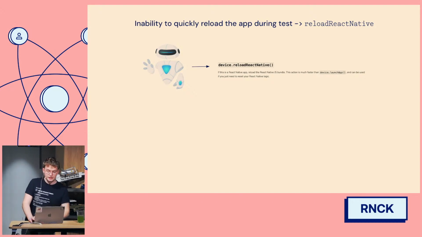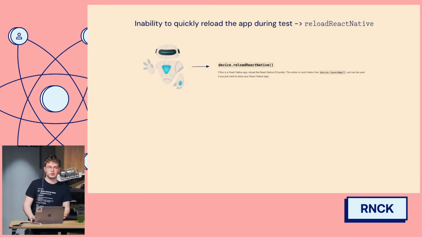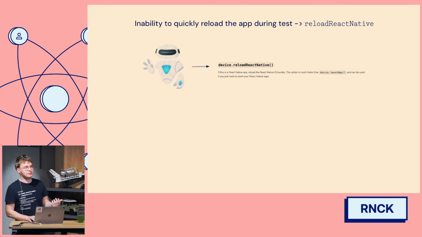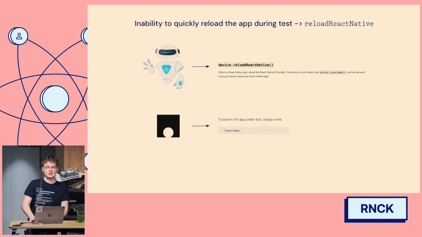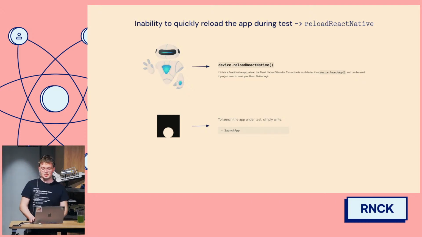You know, in Detox, there's that reload React Native command that allows us to refresh our application. Like, it is a simple R press on our keyboard that just refreshes our application. In Maestro, you don't have such ability. You need to launch the app every time you are trying to run a new flow, which just slows down our flow run.